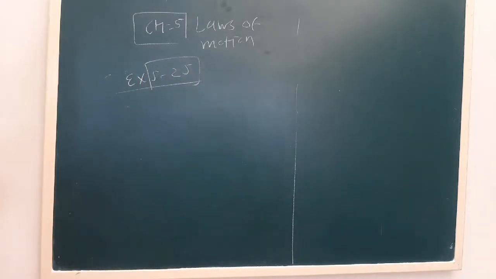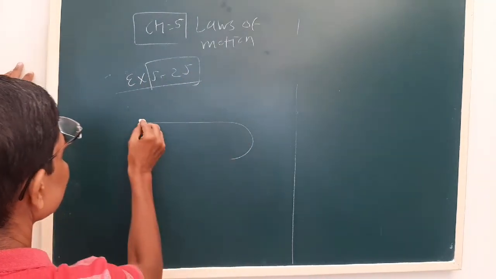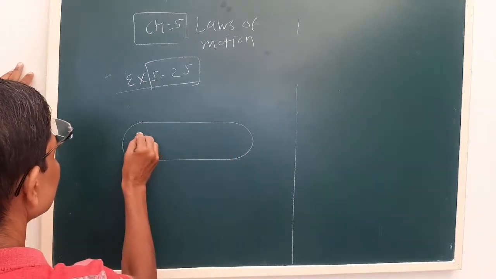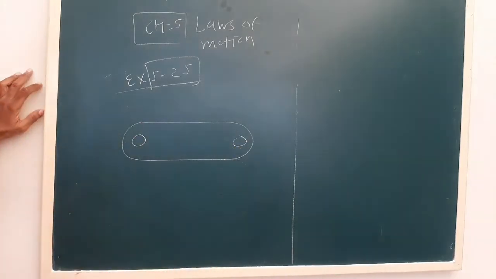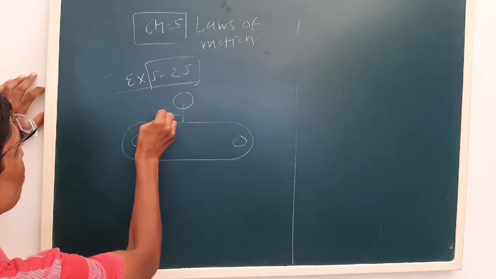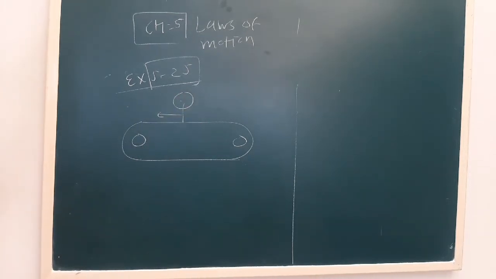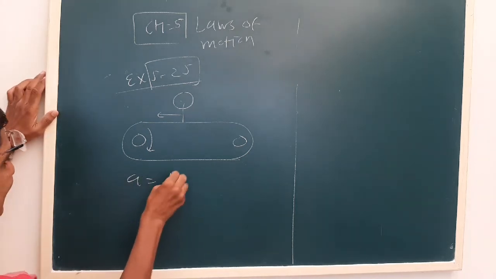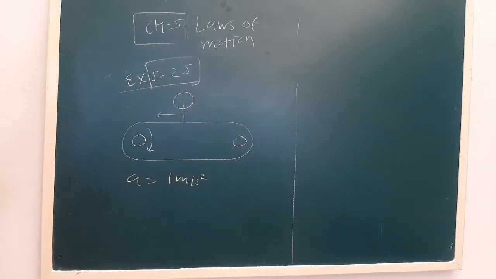Now see here, this is a case of a roller. A person is moving on a conveyor belt or roller like this. The acceleration is given as 1 meter per second square.